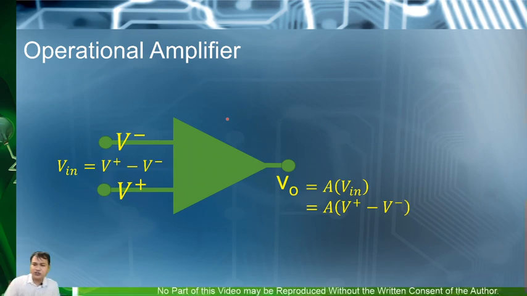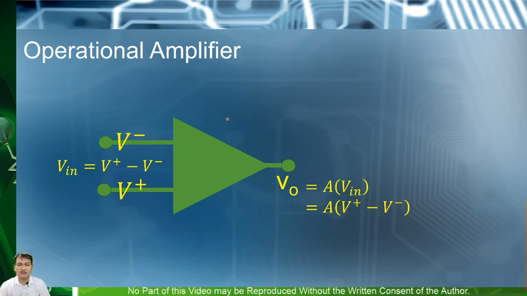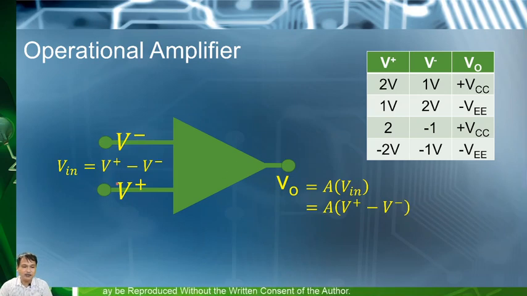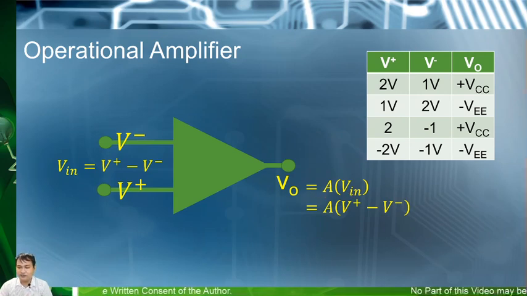Next, I would like to show you what its output would be if we apply different voltages at the input. Since our Vin is equal to V plus minus V minus, and Vo is equal to the gain times Vin.